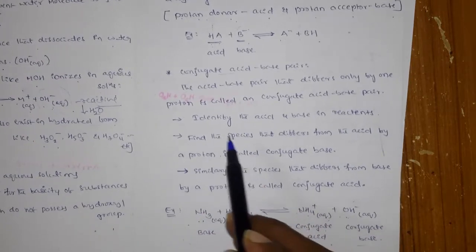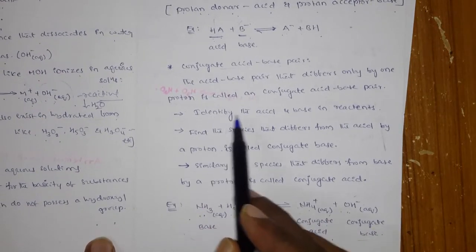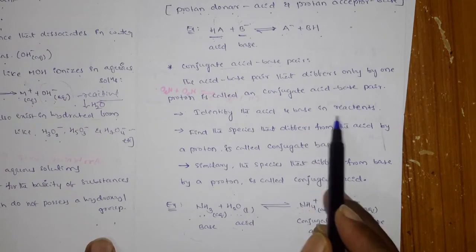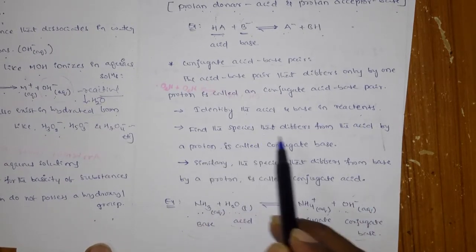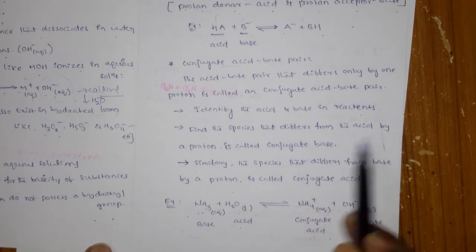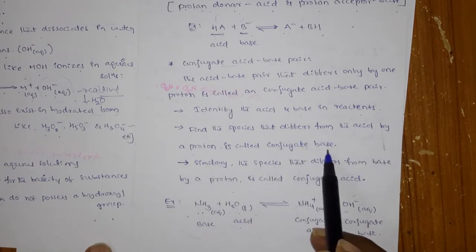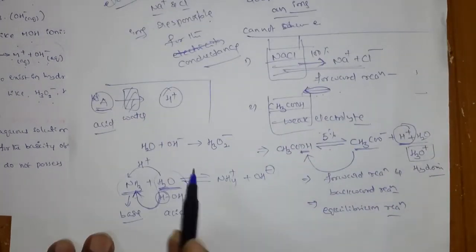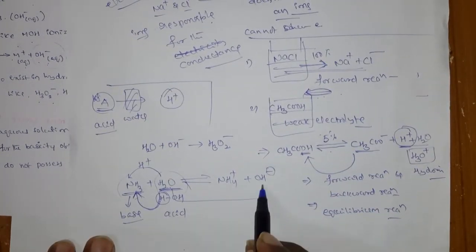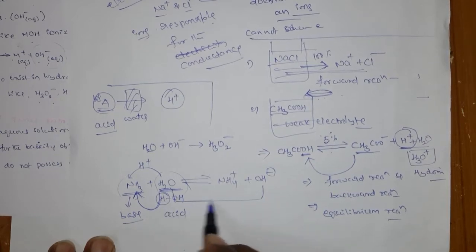What about the definitions? It is very simple. First, in a reaction you have to identify an acid and a base in the reactants, and then you have to find the species that differs from the acid by a proton, which is called a conjugate base. Here, look, H2O and OH minus ion.